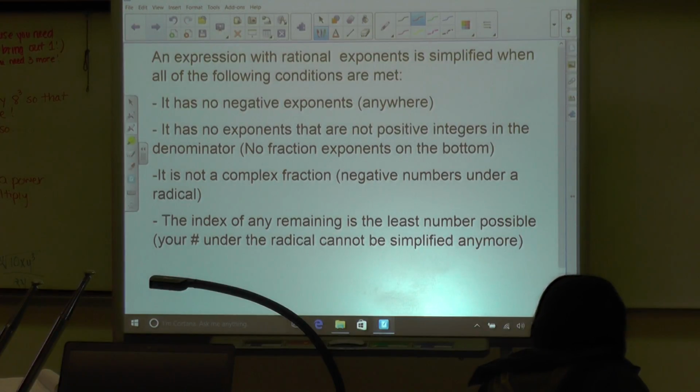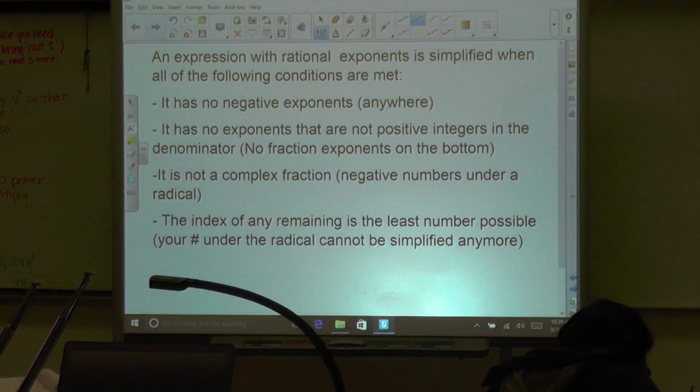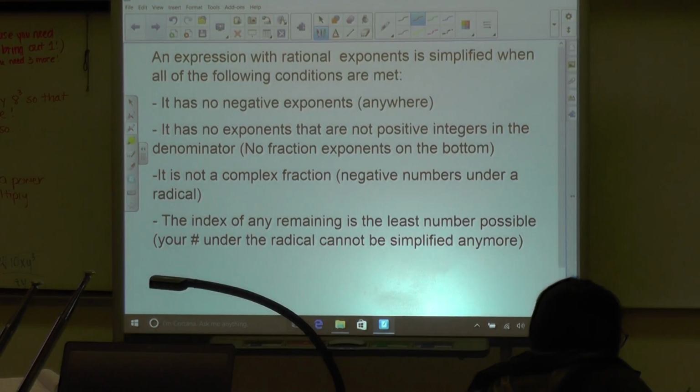And then last but not least, the index of any remaining radical is the least number possible. So that just means the number under your radical cannot be simplified anymore. You've done your factor tree, you saw if you can take everything out, you can't go any further. Also, all of your fractions have been simplified.